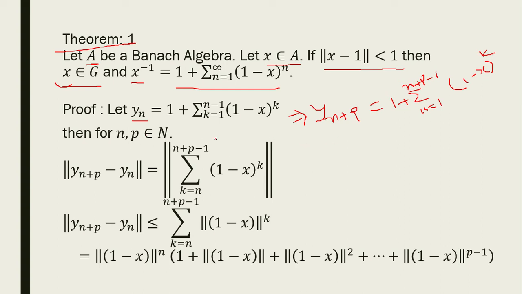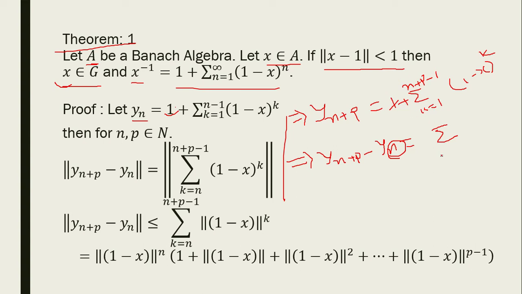So subtract: Y n plus p minus Y n is equal to, the 1 cancels out, and in the summation the values of Y n, k equal to 1 to n minus 1, cancel out.